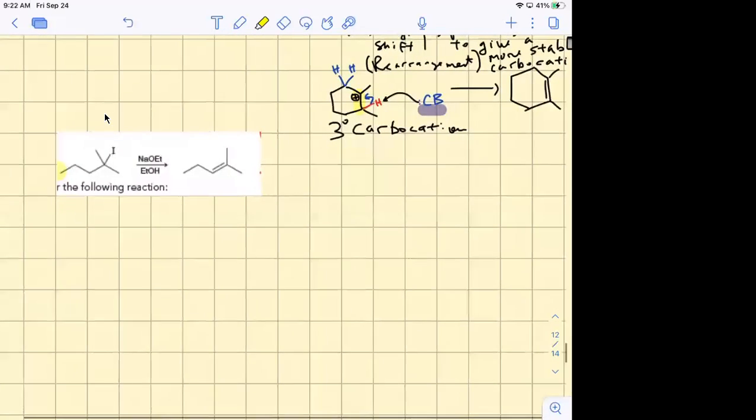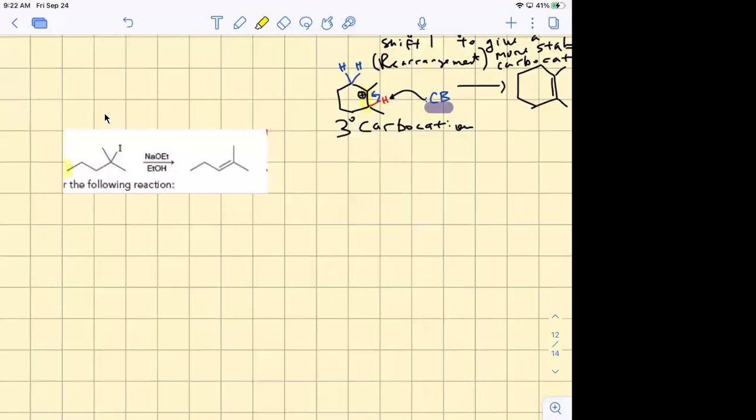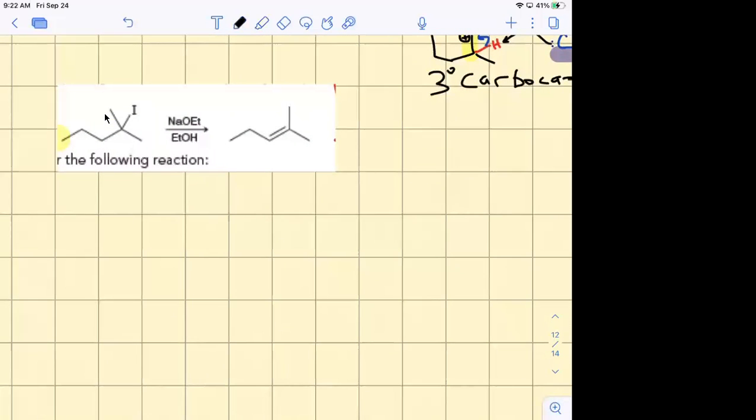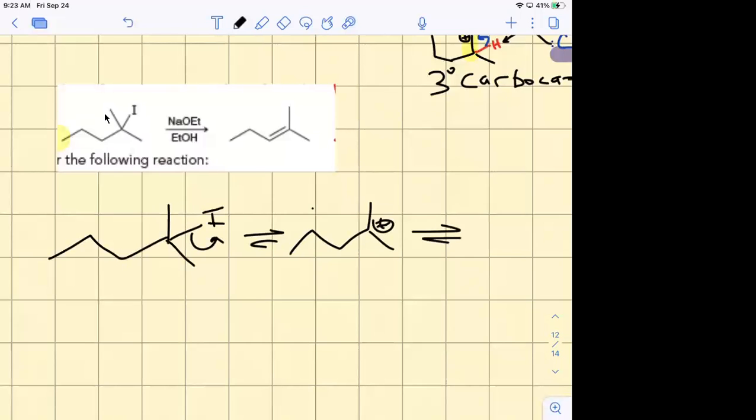All right, let's look at this last elimination. It's still going to be E1. It's a tertiary carbon. Let's see what we get. So this is iodine. Of course, the first step is loss of leaving group. Got tertiary carbocation. Is that right? And now I'm going to put this in as an intermediate.